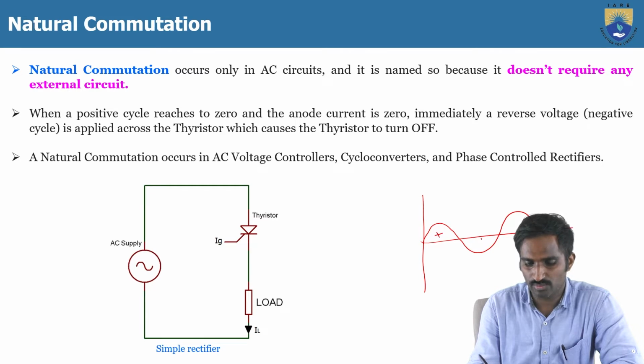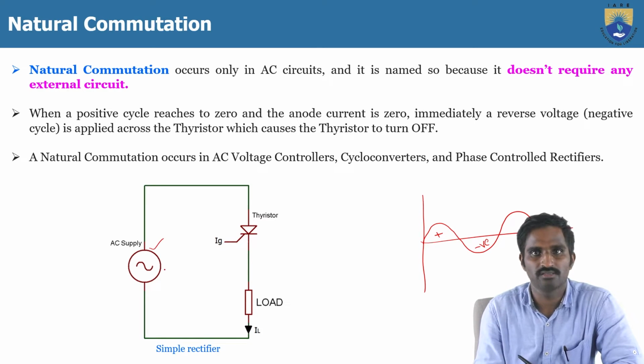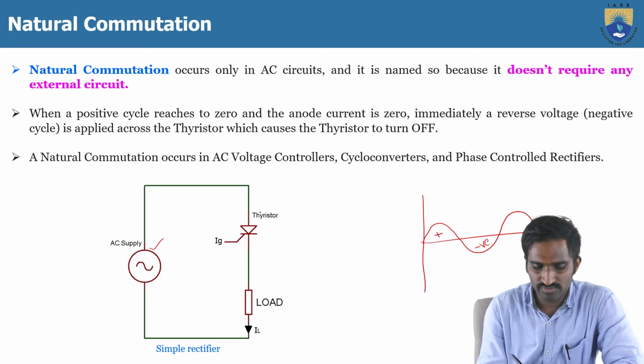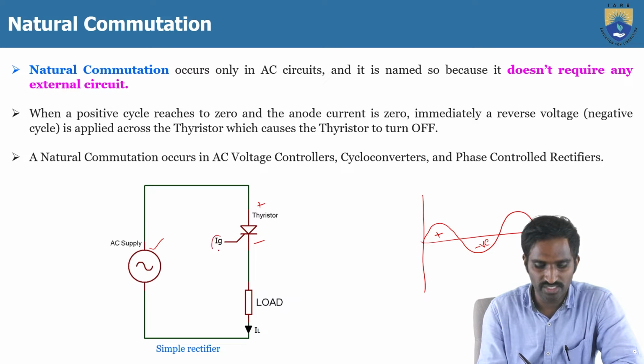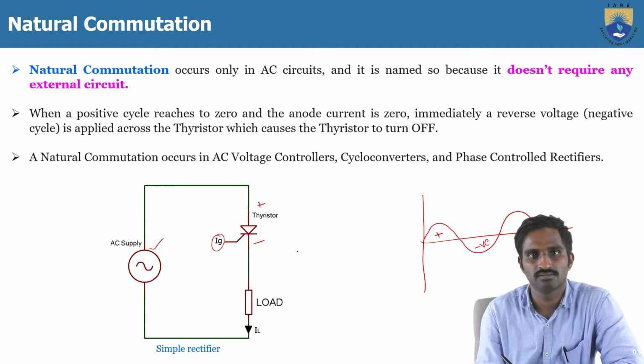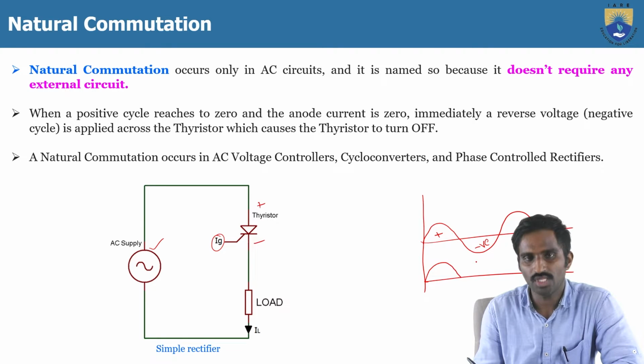has a positive cycle and a negative cycle. If the input is AC supply, then during the positive cycle, the forward biased voltage is applied across the thyristor. When you give the gate signal, the thyristor will turn on, then you will get the output voltage.